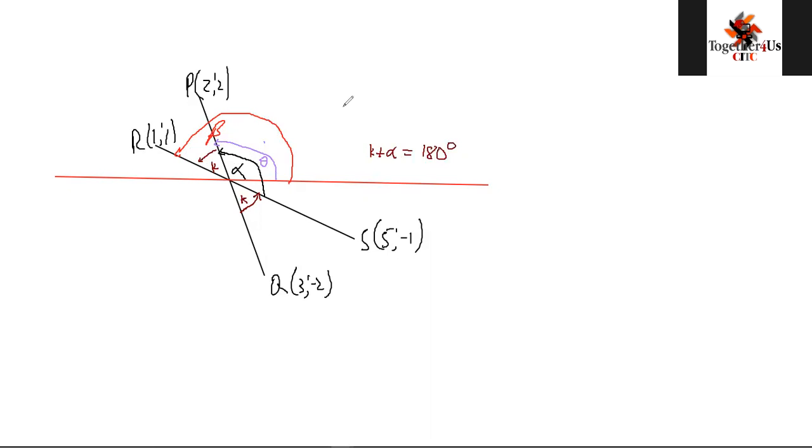So the second equation that we are going to have here is that Kappa plus theta is actually the angle beta. That's what we have there. Now, we can use these two equations to find out algebraically what actually should be the angle alpha.